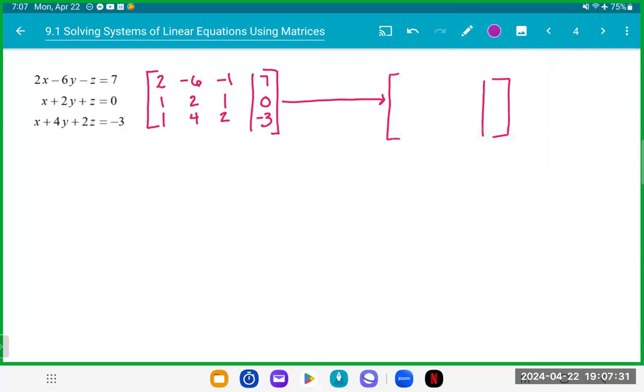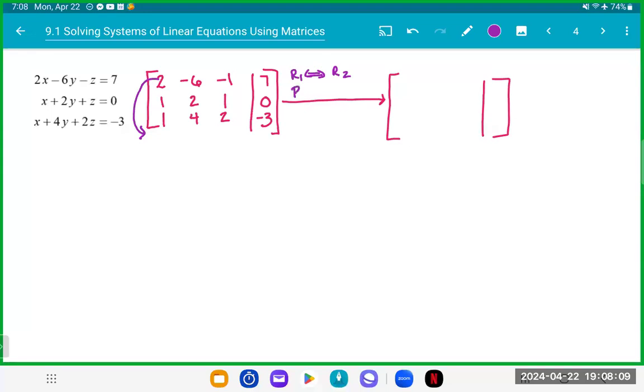So again, in this case, remember, we can switch rows and whatnot. All I'm going to do is move this to the bottom. So I can say that I want row 1 and row 2 to switch places.